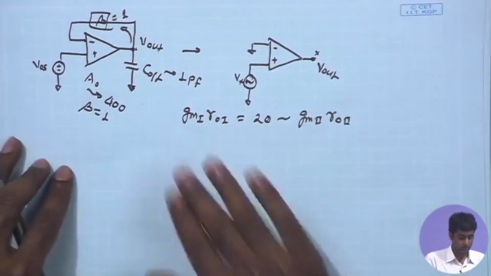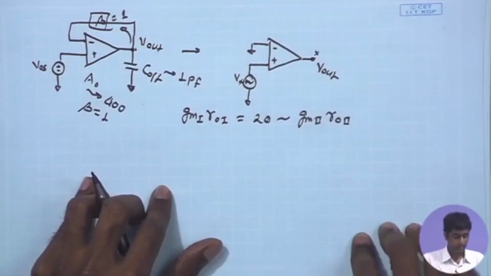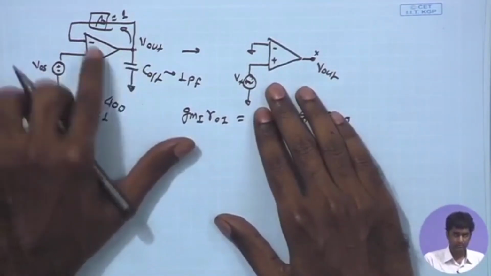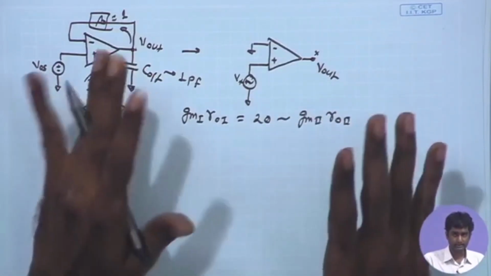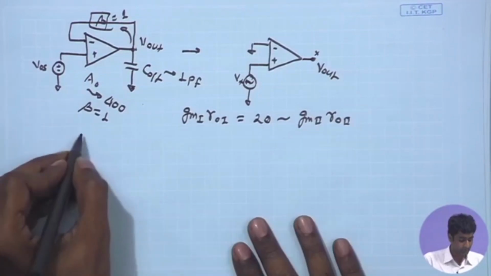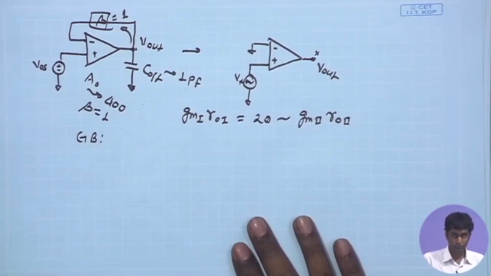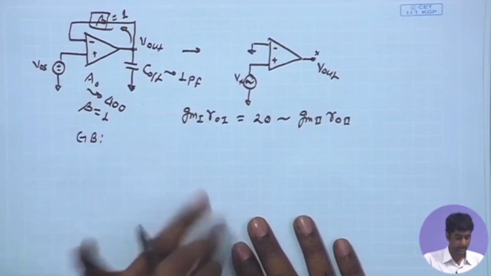And also, in the closed loop case, we know that in order to have sufficient stability, we have derived the criteria for stabilizing the closed loop operation. The gain bandwidth product for the closed loop condition depends upon the compensation capacitor and the Gm of the first stage.